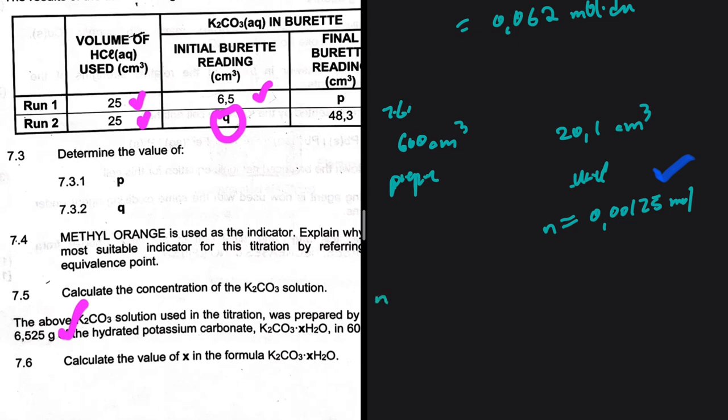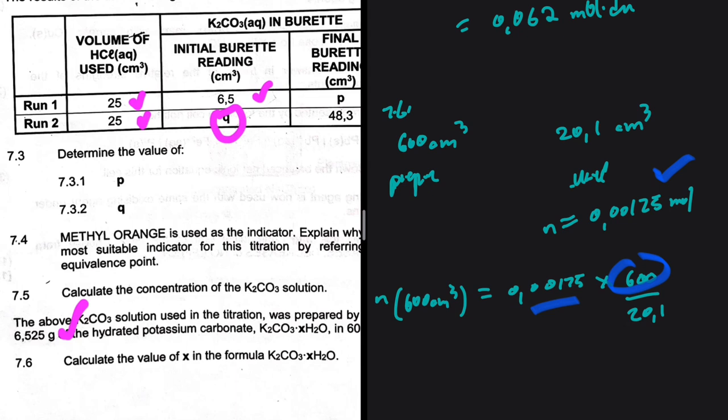I'm going to say number of moles in 600 centimeter cube should be equal to 0.00125, the number of moles in 20.1 centimeter cube, multiplied by 600 divided by 20.1, because these are the number of moles in 20.1 centimeter cube. But we know that the mass was originally dissolved in 600 centimeter cube.